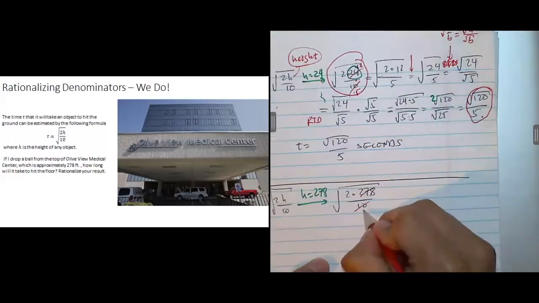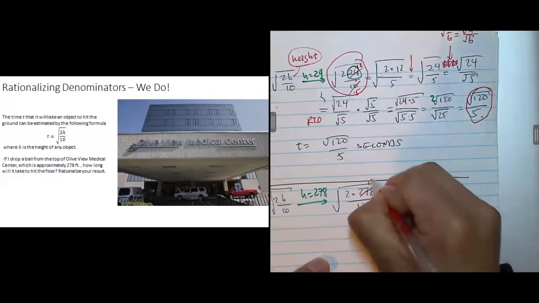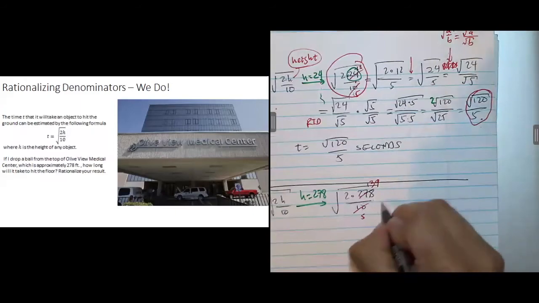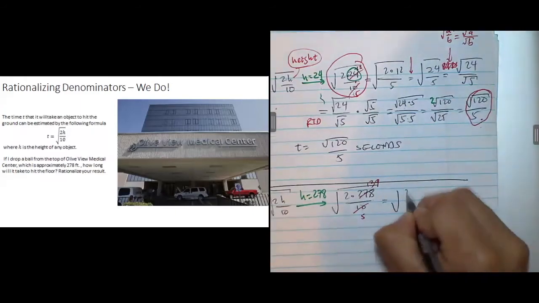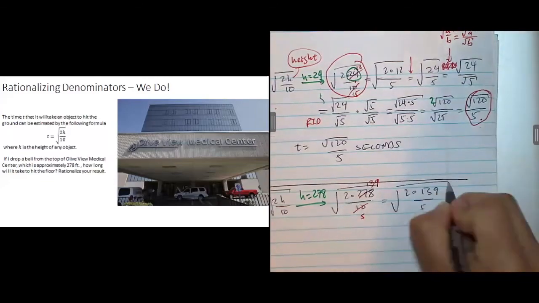If I divide this one by 2, I get 5, and if I divide the other by 2, I get 139. So that means I have 2 times 139 over 5.